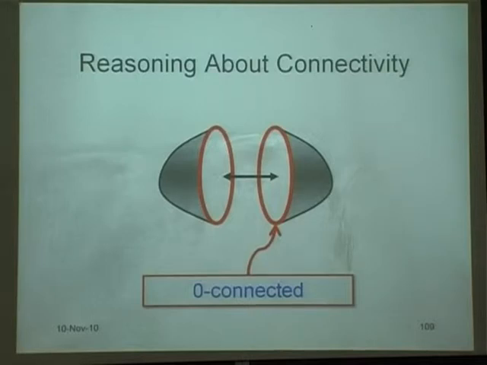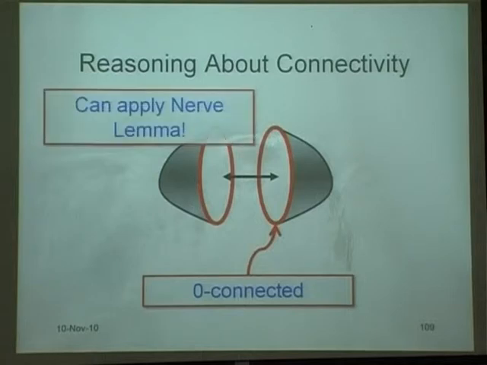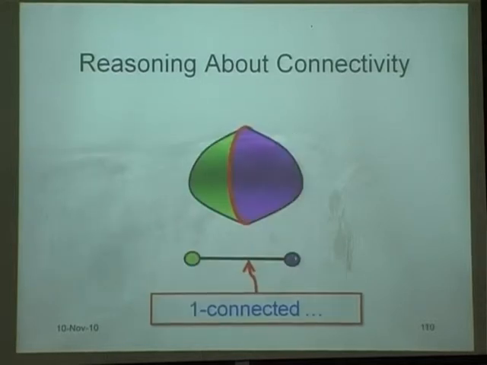If you check the arithmetic, that's the precondition for applying the nerve theorem. So that says that if this is one-connected, then so is this. But this is obviously one-connected, and this may be less obvious. So that's an example of how you can use the nerve theorem to do something marginally interesting.